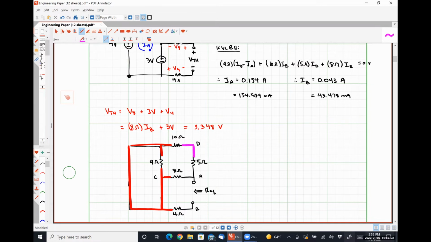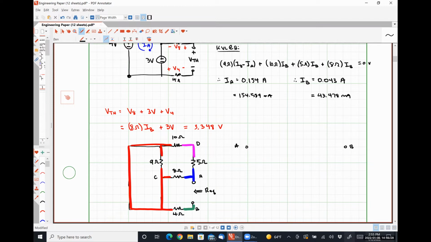Let's do D in pink, A in blue, B in green. And since I'm trying to find the equivalent resistance seen between A and B, I'll put A on the left-hand side, B on the right-hand side.